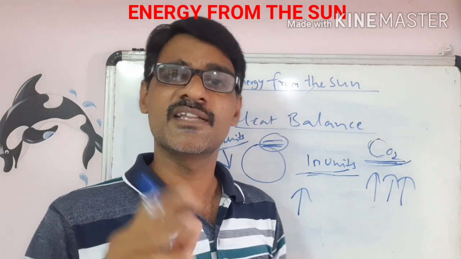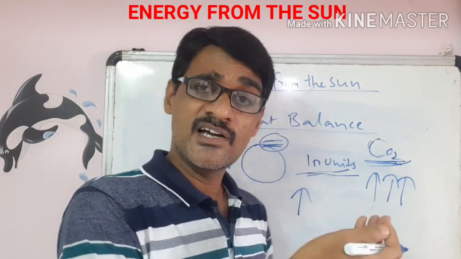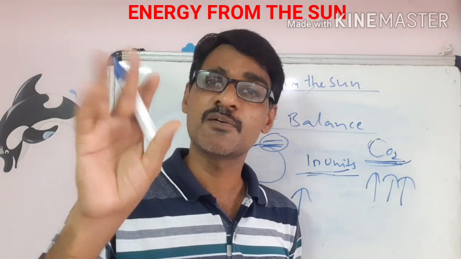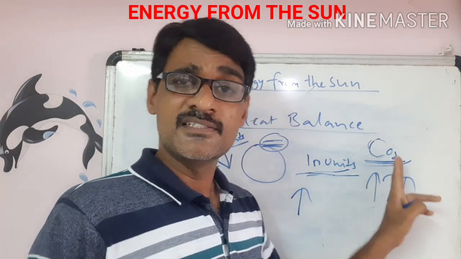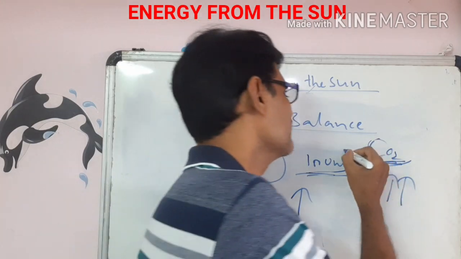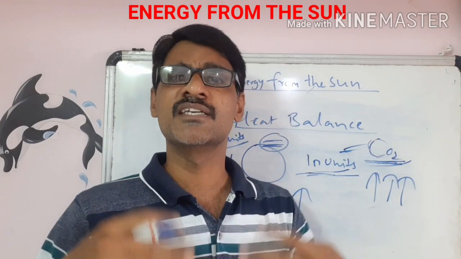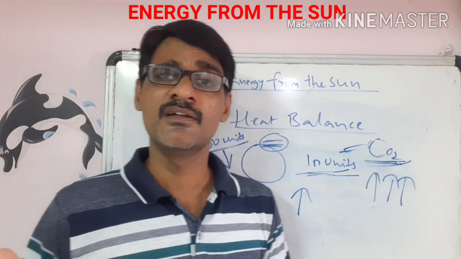After that, the portion of the energy obstructed by the CO2 will also be released slowly, gradually. So CO2 obstructs for some time. But here the CO2 level is increased, the CO2 proportion in the atmosphere is increased. What will happen?